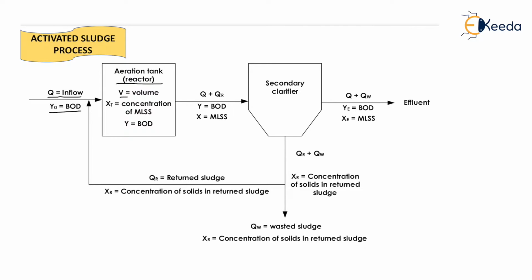Now V is the volume of the aeration tank, and XT is the concentration of MLSS. MLSS full form is mixed liquor suspended solids, that is, the suspended solids present in the liquid mixed form.